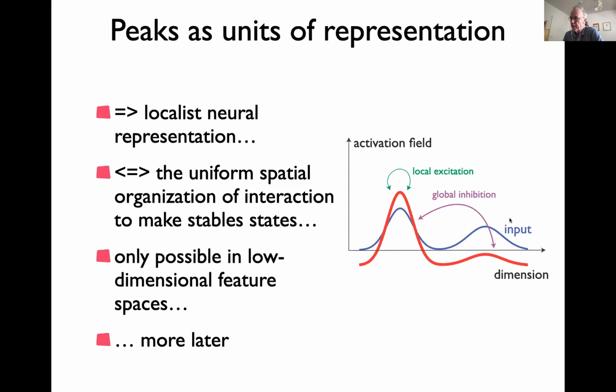These are local excitation, global inhibition interaction patterns, and they have the feature that they don't need to know exactly what pattern you represent. They can represent any peak, but it's always a peak. It's always local, but anywhere in the field. So that's a principle that I'll be using now when I talk about higher cognition.